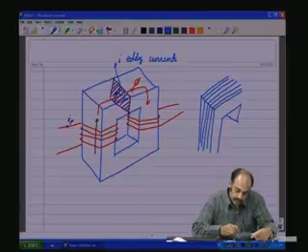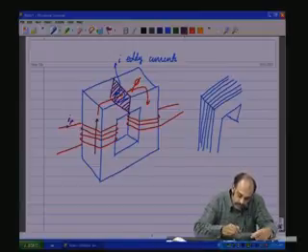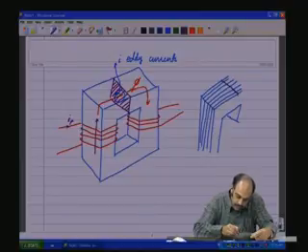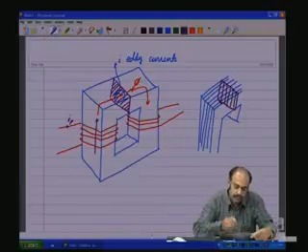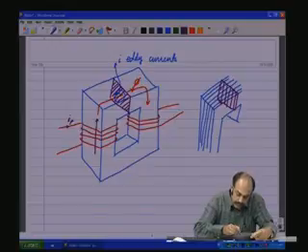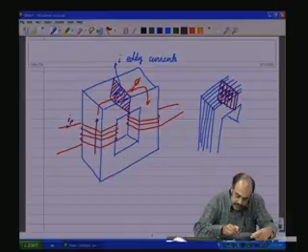Now, these laminations will make the cross section areas like this, and the currents will flow only within these areas.